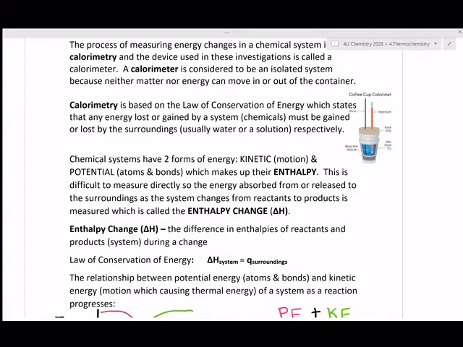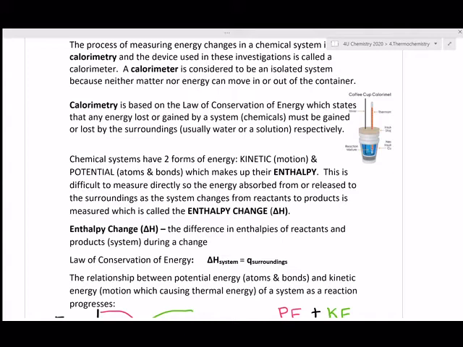It's motion of its atoms and molecules, and that can be rotational, translational, or vibrational. And then, of course, there's potential energy, which is really contained within the atoms. So potential energy of an atom is why we have nuclear energy, for example. And then the bonds, because when you make and break bonds, you can release or gain energy.